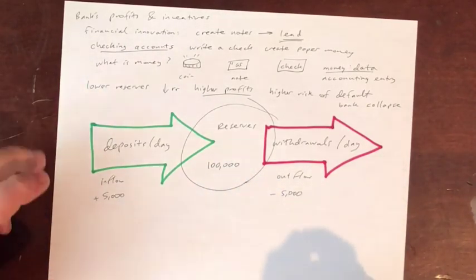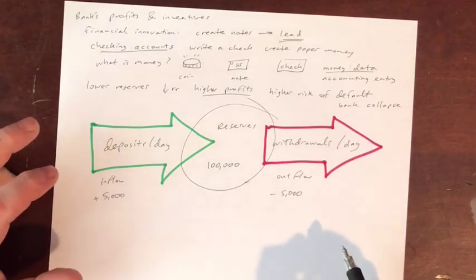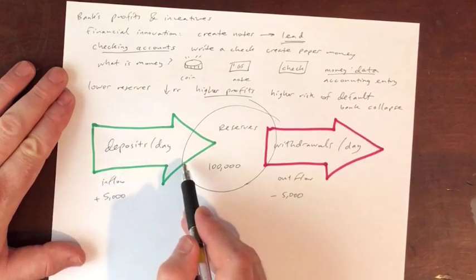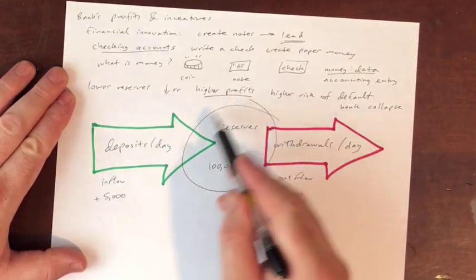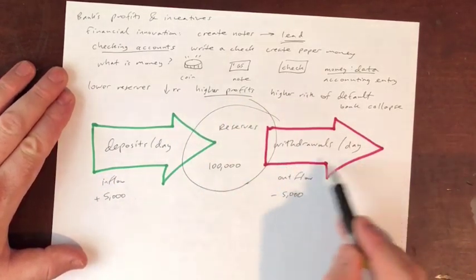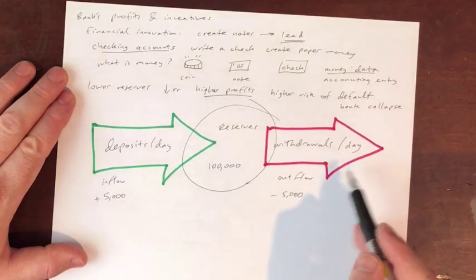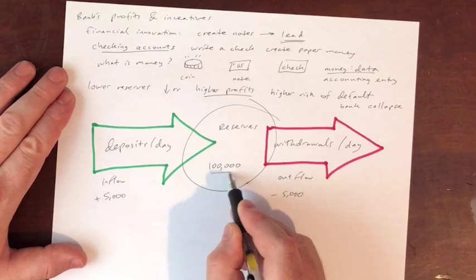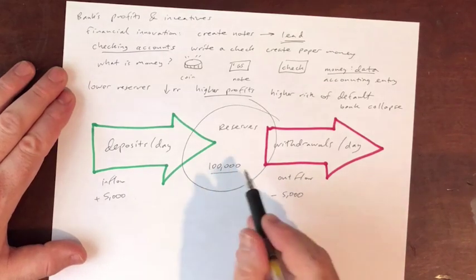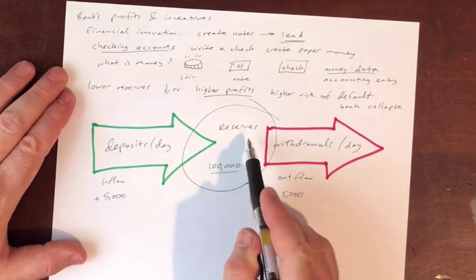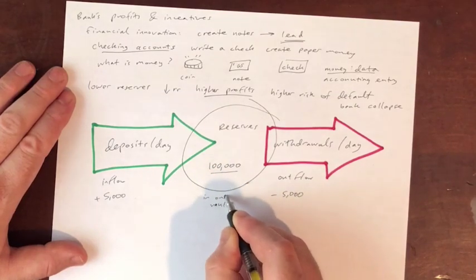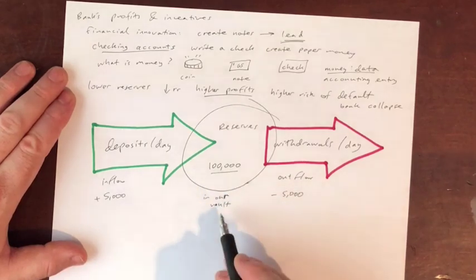How does the bank see this? Imagine a stream flowing in, a pretty big lake right here, and a stream flowing out. The thinking of the bank is, well, if we loaned some of these reserves, they wouldn't be reserves anymore. They wouldn't be in our vault.